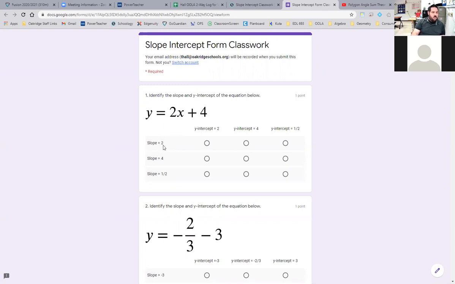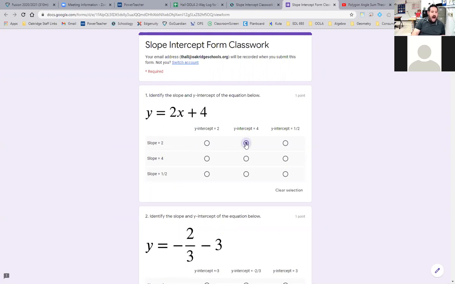So slope is 2, y-intercept is 4. All I do is click that one point. It's kind of like a grid check. You don't have to click on anything here or here. It's just that one right here.